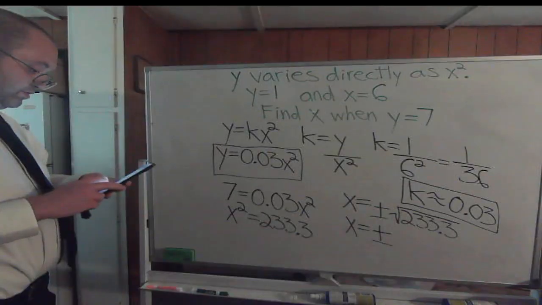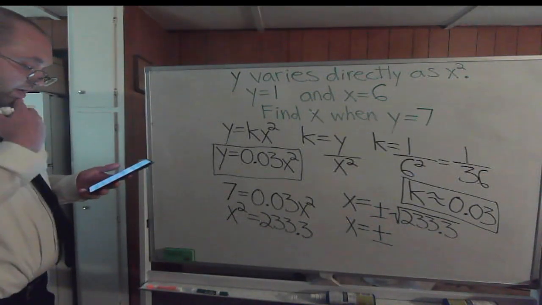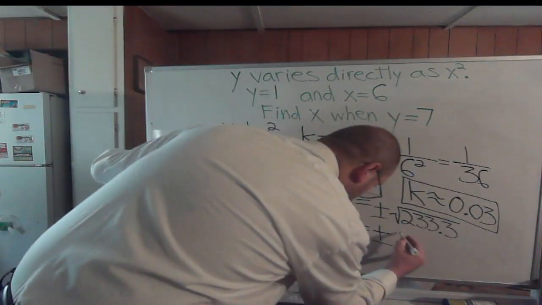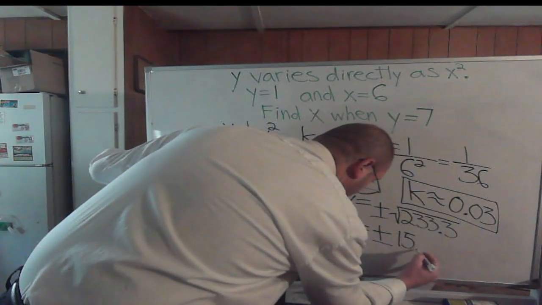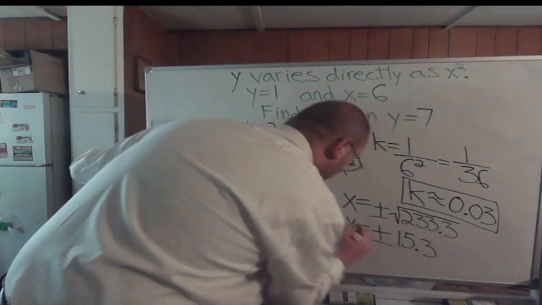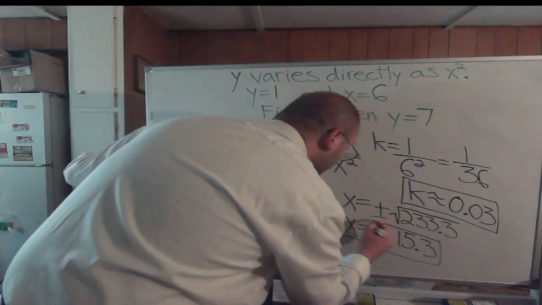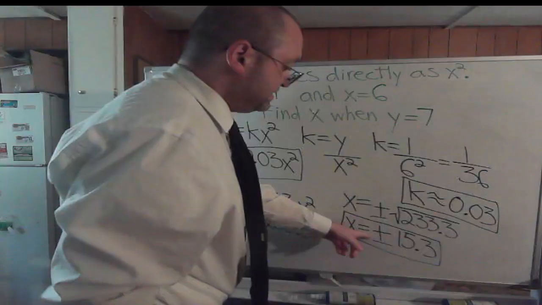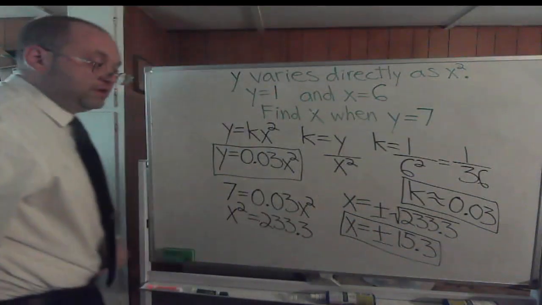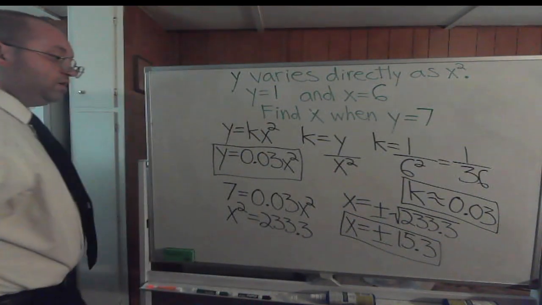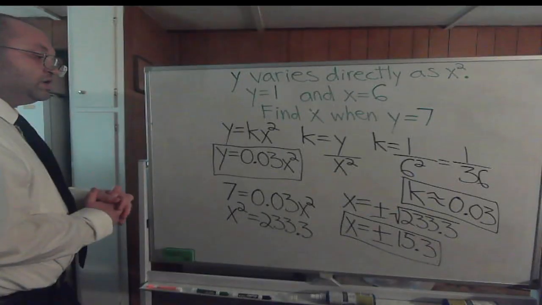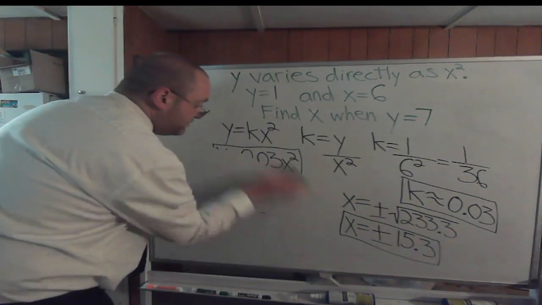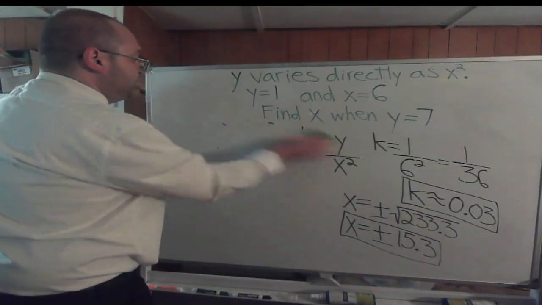The square root of 233.3 to 1 decimal place is about 15.3. So the answer is, in this case, when y equals 7, x is equal to plus or minus 15.3. Okay, so now we have done direct variation problems. Let's move on to a few inverse variation problems.